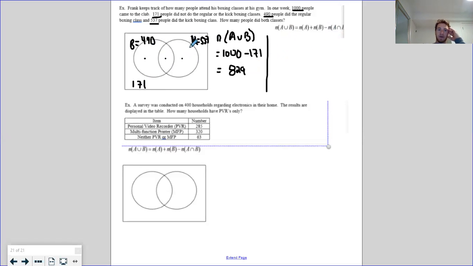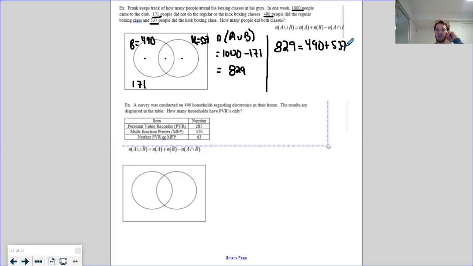So remember, when you're doing 490 and 537, you are counting this section twice, okay? So what you're going to want to do is, you know that there's 829 people taking classes. You have the first circle, which is 490. You add it to the second circle, which is 537.